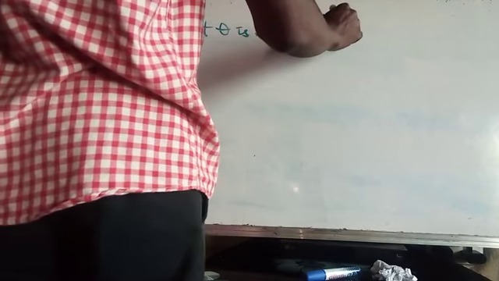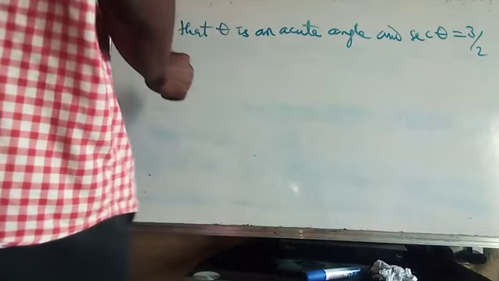Now, given that, I think this is number 4. This is example 4. Given that theta, this is coming from trigonometry, is an acute angle, and sec theta is 3 all over 2.